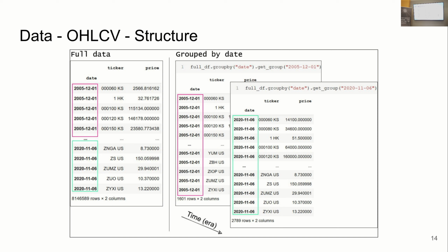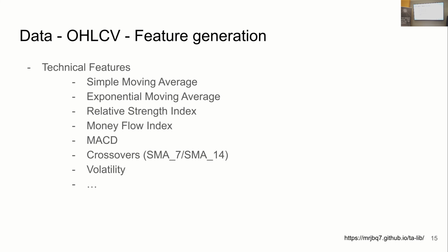The full data is stacked, and this is how it looks on the group. We'll be using Yahoo data. Some of the features that we can generate are moving averages, exponential moving averages, RSI, MFI, MACD, crossovers between the different moving averages, and whatnot.